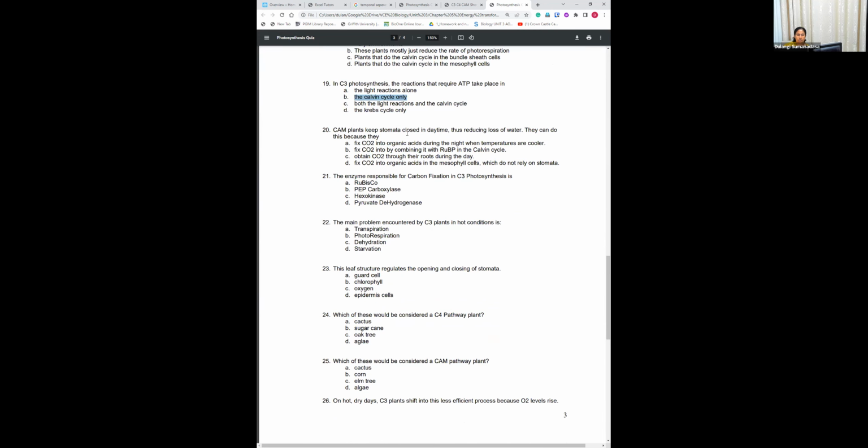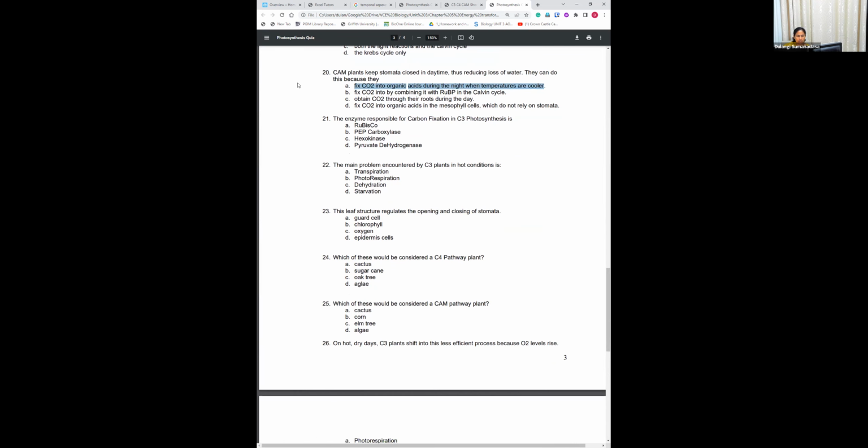CAM plants keep stomata closed in daytime, thus reducing the loss of water. So they can fix into organic acids during the night when the temperatures are cooler. So it's the malic acid, right? So answer is A, 20A. 21: the enzyme responsible for carbon fixation in C3 is the normal Rubisco.